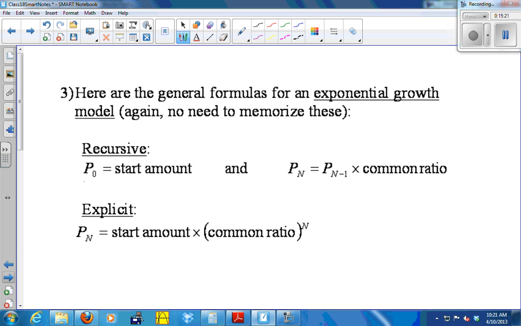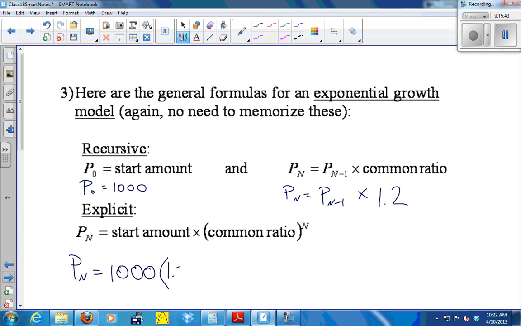So for us, P0 is 1,000, and P sub n was P sub n minus 1 times 1.2. And for explicit, P sub n is the starting amount, 1,000 rabbits, times the common ratio, 1.2, to the n.